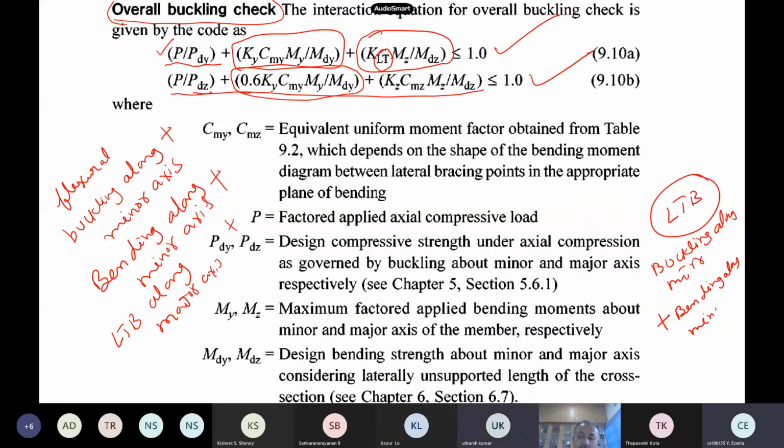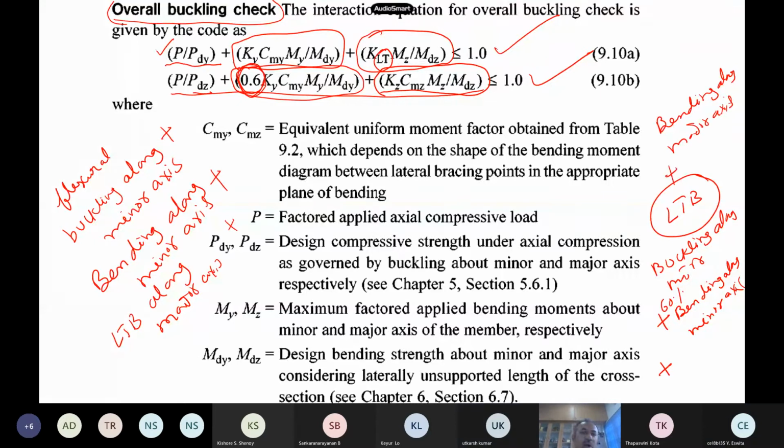But here please remember how much bending they are considering: 0.6, 60%. So 60% of the bending along the minor axis. Plus we have the last term. This is also bending along which axis? Major axis. So two equations are there.